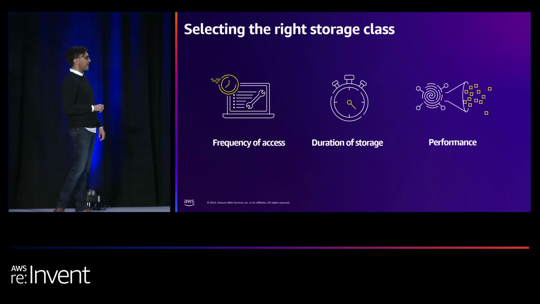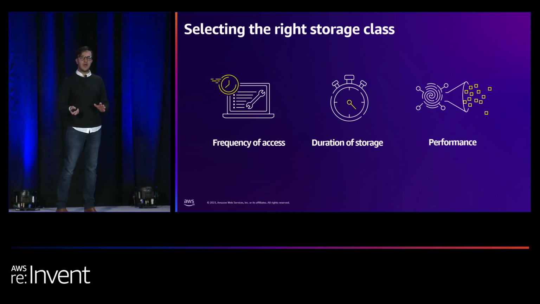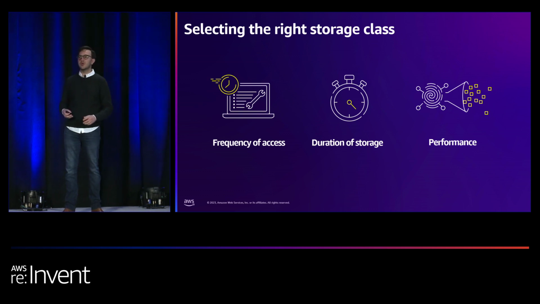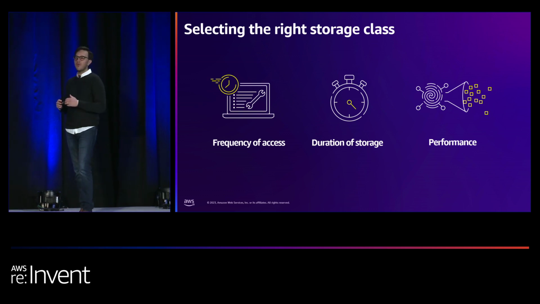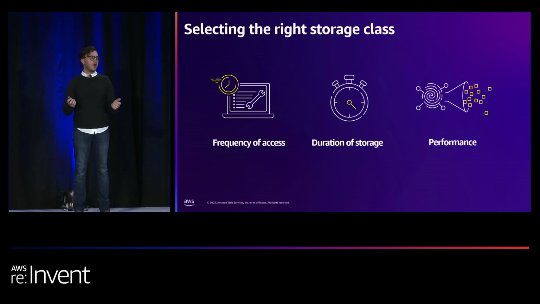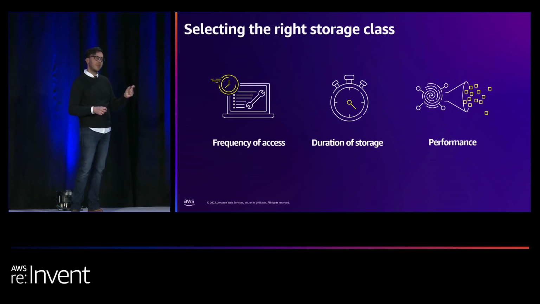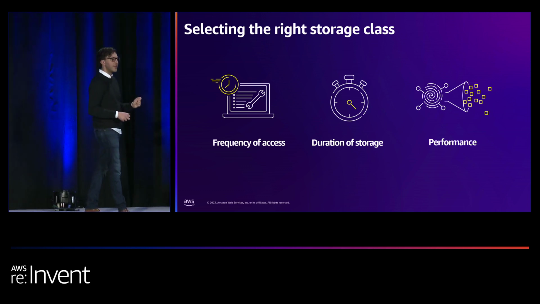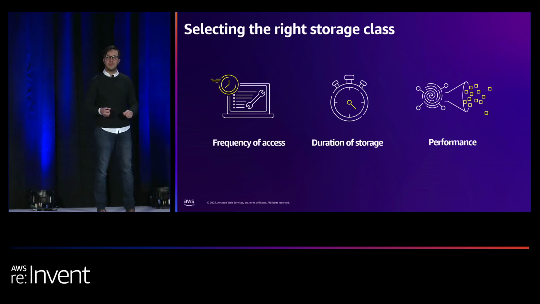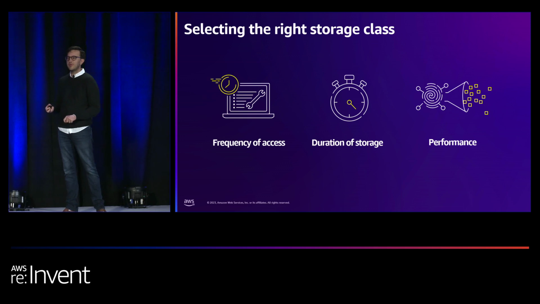For example, S3 Glacier Instant Retrieval is really the ideal storage class for data that is accessed once per quarter. But why is that? It's because although the storage price is lower than S3 Standard-Infrequent Access, the cost to access your data is moderately higher, which means that there's a break-even point, where if you're accessing data too frequently, it would make sense to keep that either in S3 Standard or S3 Standard-Infrequent Access.